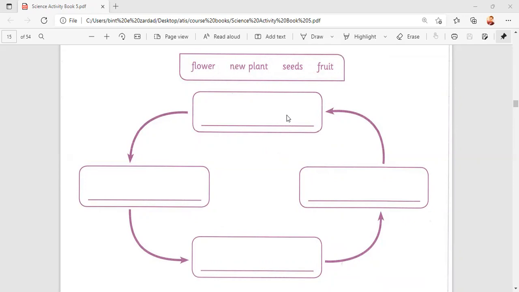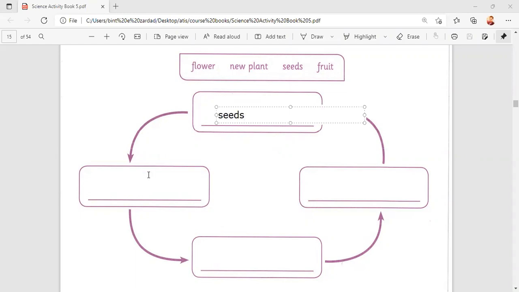First step should start from the seed. We put the seed in the soil. The seed gets all three factors, then it starts germination. So we write seed. You can start from anywhere, going anti-clockwise, seed.